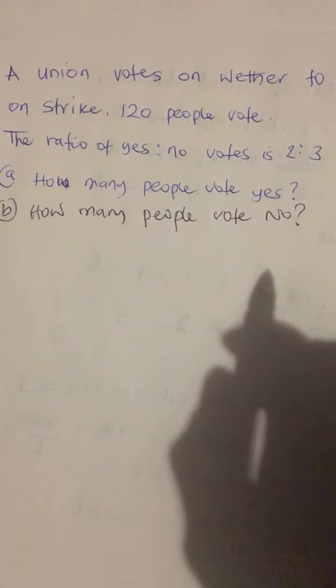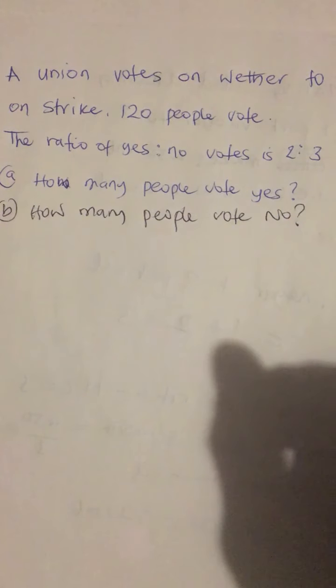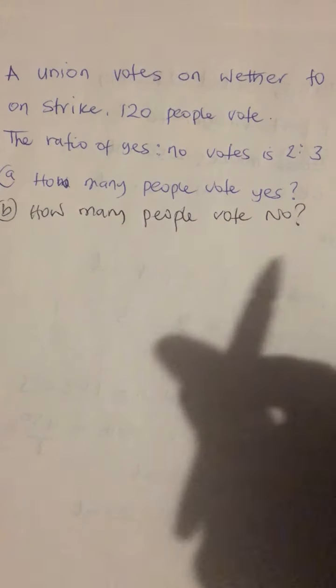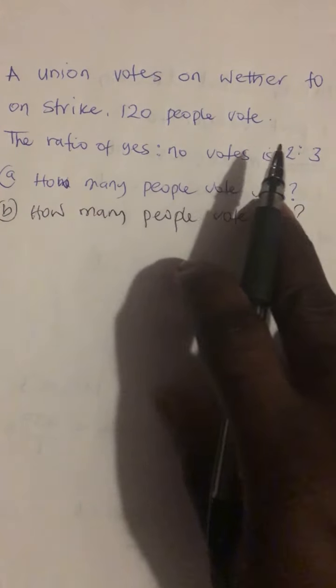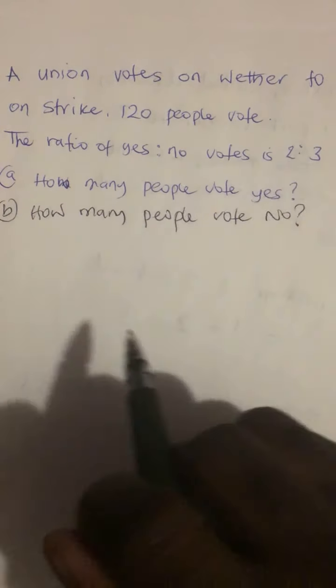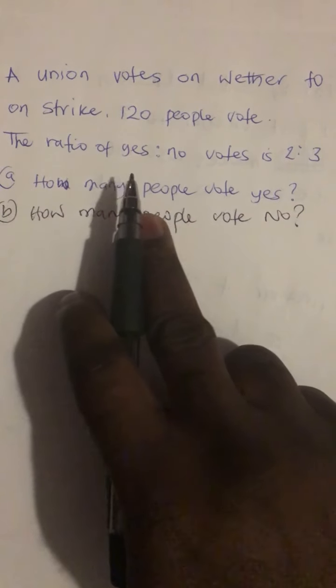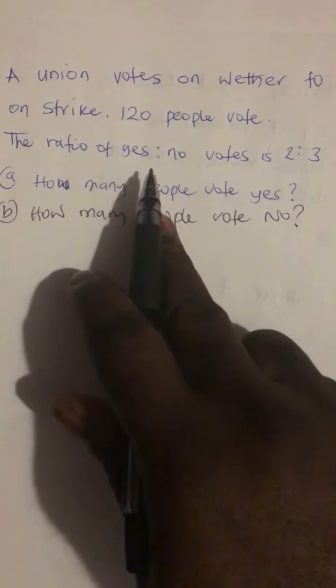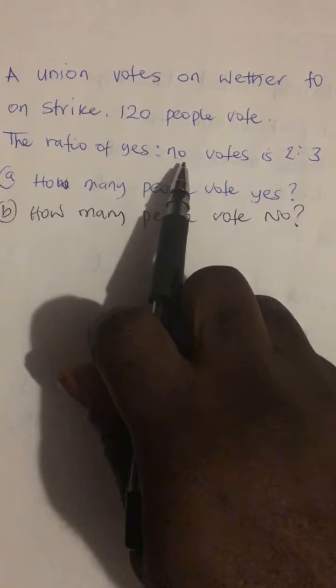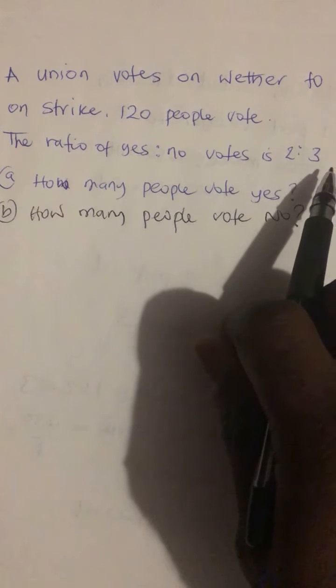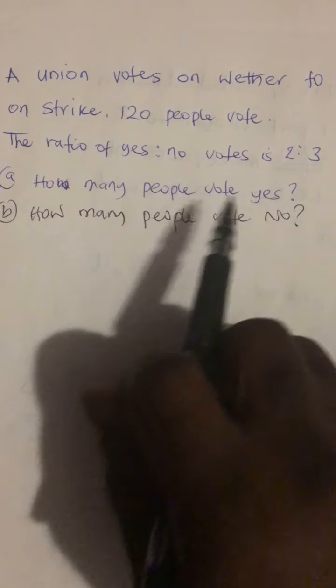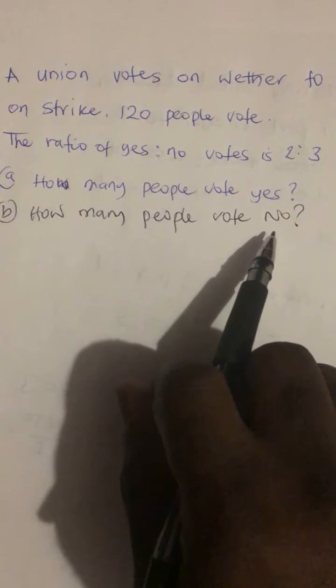A union votes on whether to go on strike. 120 people voted in this election. The ratio of the people that voted yes to the people that voted no is 2 to 3. The first question is, how many people voted yes? And the second question, how many people voted no?